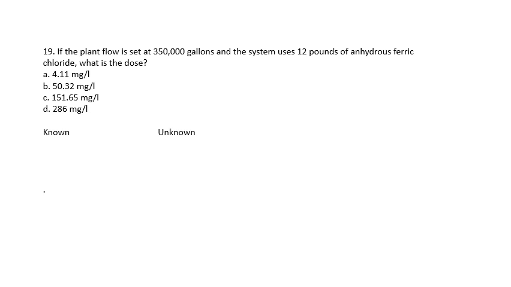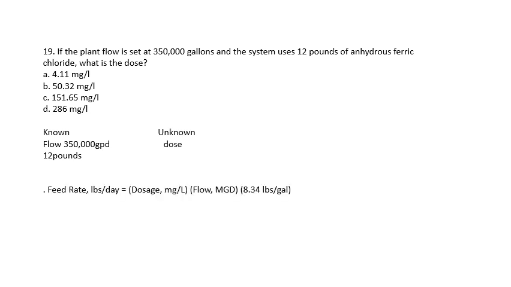Pull your known and your unknowns out of your question. So what we know is that we have a flow of 350,000 gallons per day. We have 12 pounds. And what we do not know is our dose.